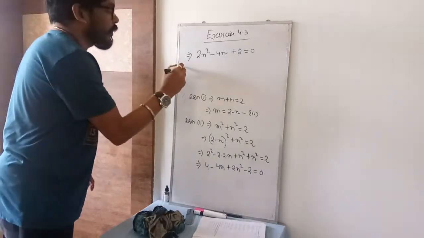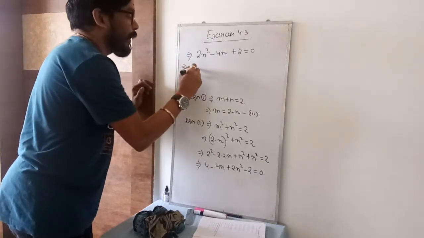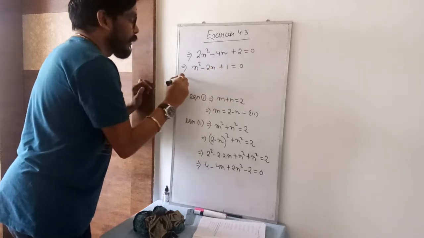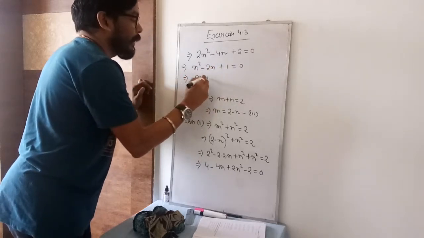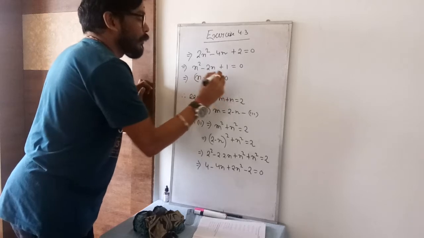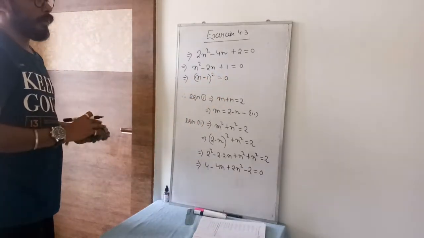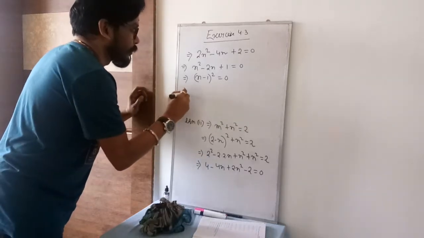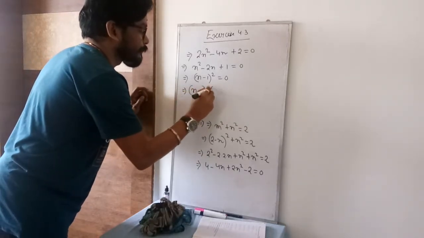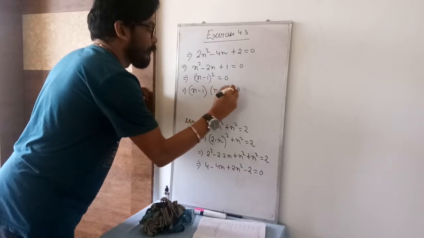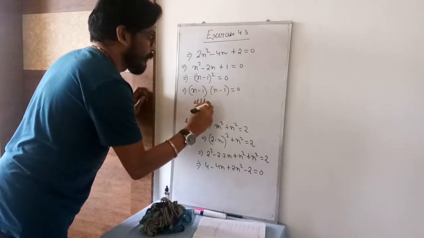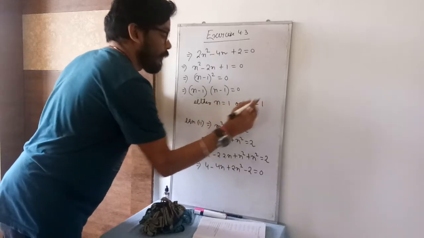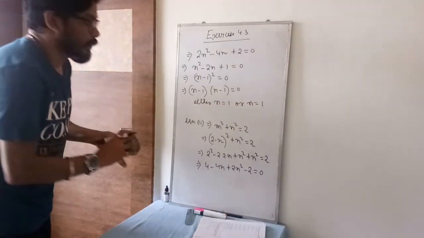The whole expression you can divide by 2, so it will be n square minus 2n plus 1. Here you can apply the formula, it is (n minus 1) whole square equal to 0. So here you got two values of n, n minus 1 equal to 0, so either n equal to 1 or n equal to 1. So both the values are same here.